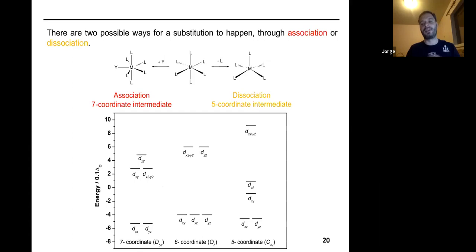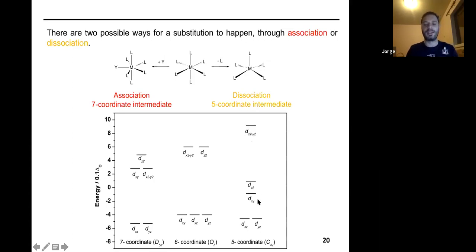And finally, for the 5-coordinate species, we have dxz and dyz at the bottom, followed by dxy, dz squared, and dx squared minus y squared.